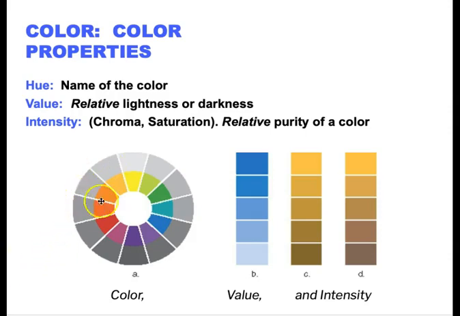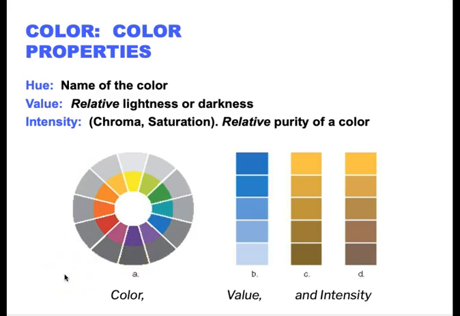So you can see here, this is a color wheel like we talked about in the previous slide, only they have assimilated value with it. And value, as you can see, kind of correlates with it, going from the lightest, which would be like yellow, to darker until you get to the darkest down here, which would be the violet. Actually, yeah, it would be the violet. And so you have a progression of going from light to dark.